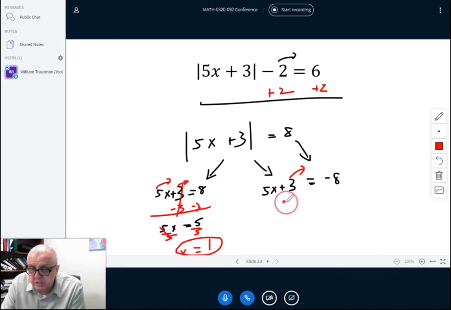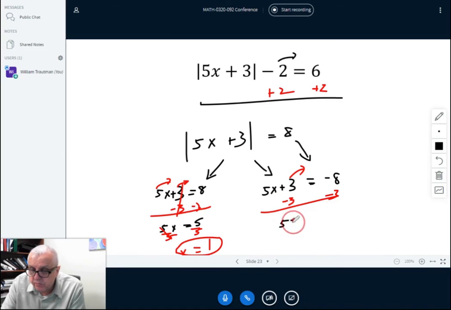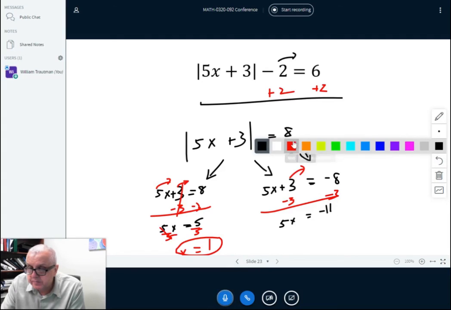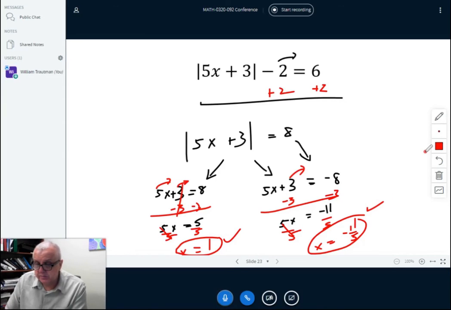The other one, I'm going to subtract 3, subtract 3. Negative 8 and negative 3 is a negative 11. Divide by 5. And x equals negative 11 over 5. So there are my 2 answers.